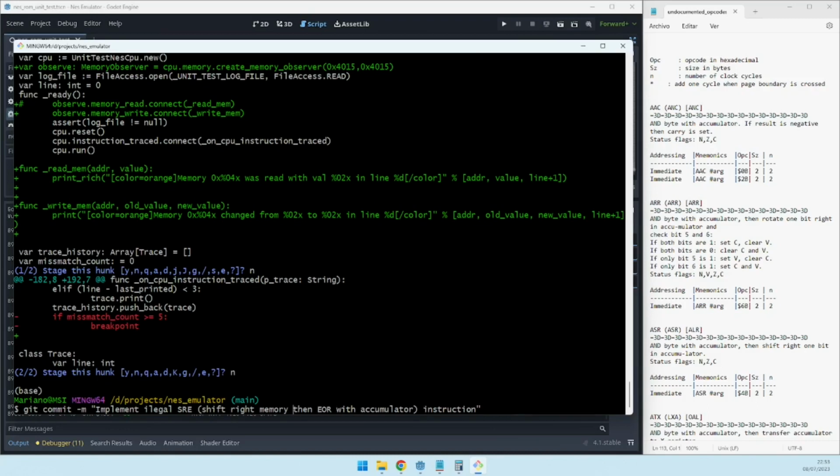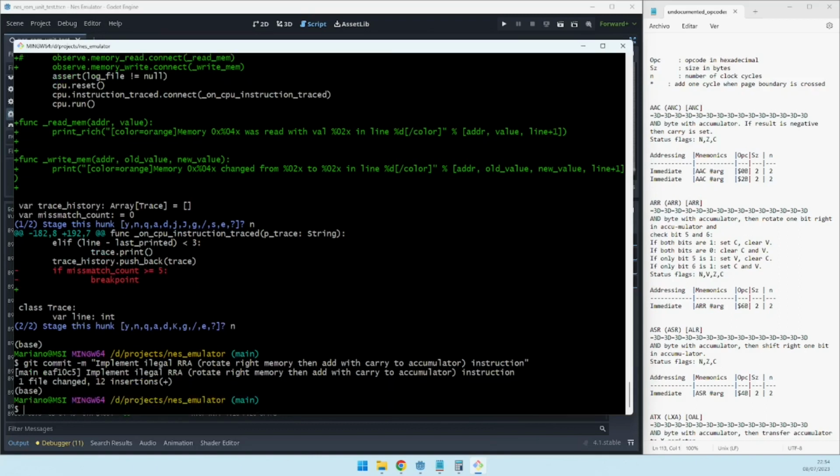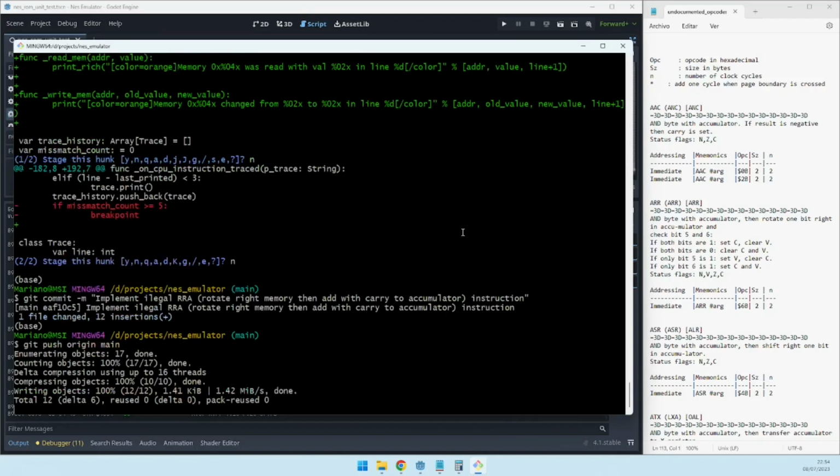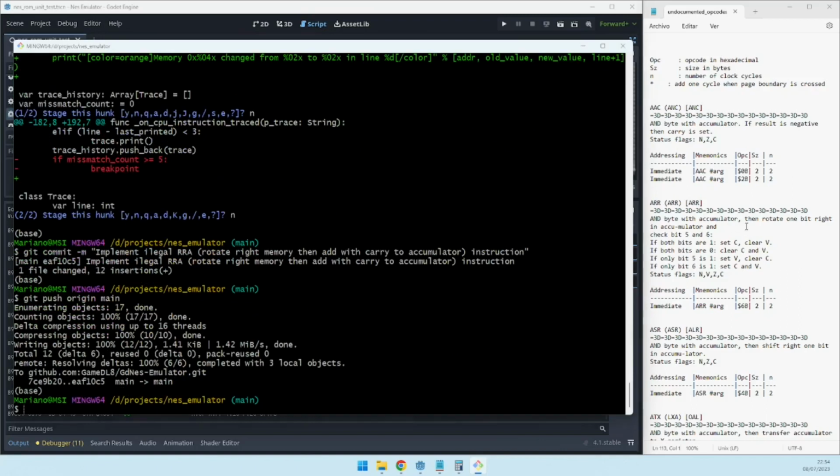Let's go to the commit, and this was RRA. It was rotate, write memory, then add with carry to accumulator. Push to main. Cool stuff.